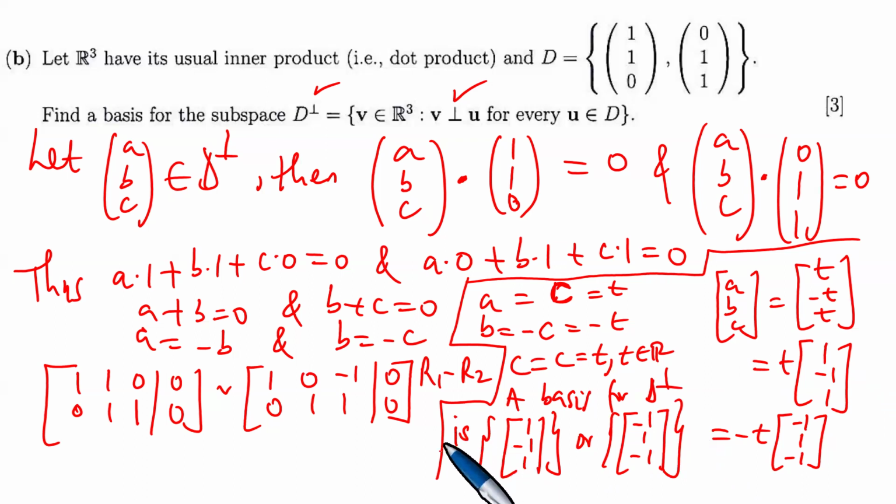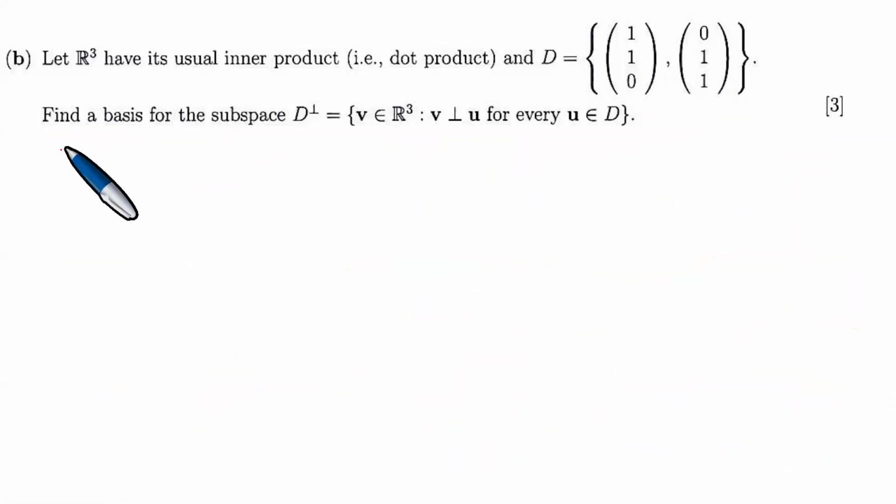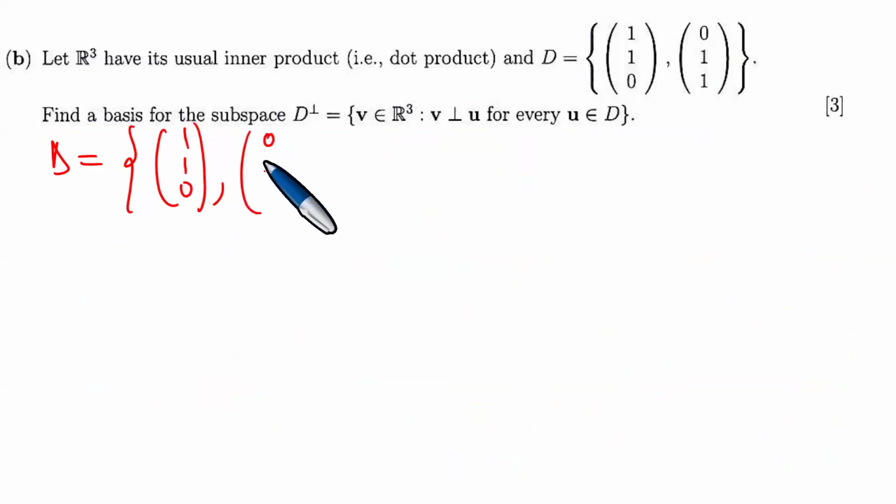You get the point? So in any event, if you dot this one with any of these, it must be 0. You can do a quick check. So in other words, D is like this, containing 1, 1, 0 and also 0, 1, 1.